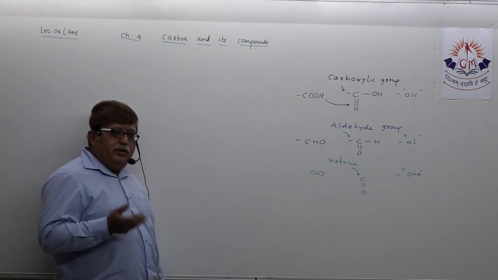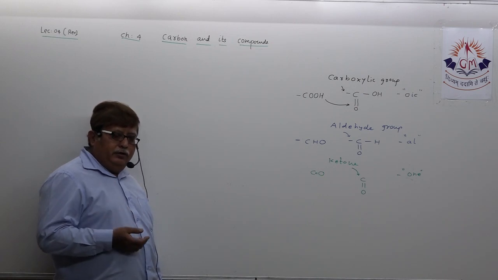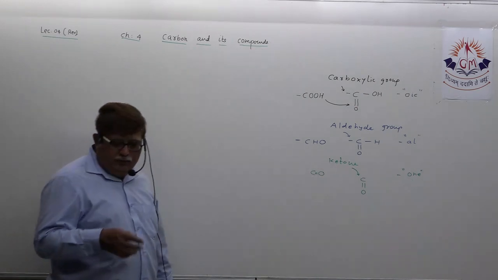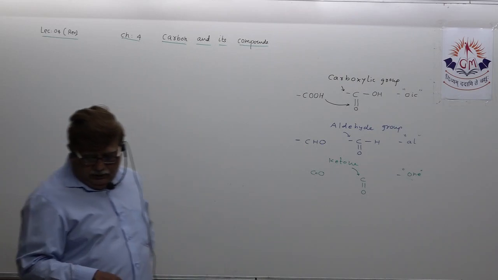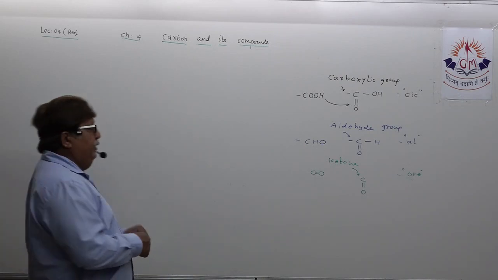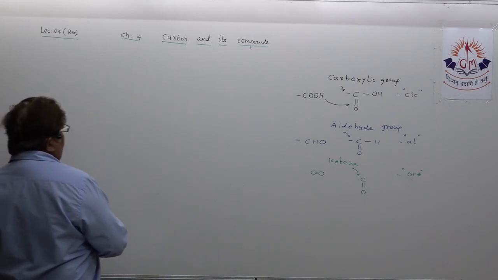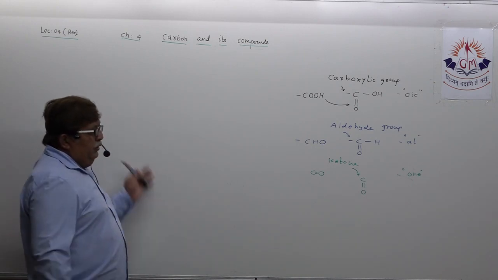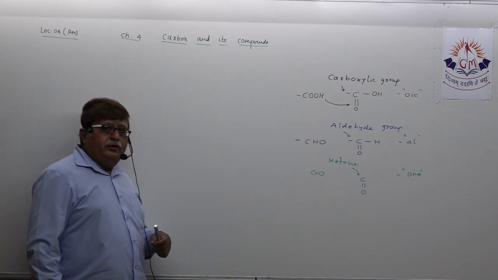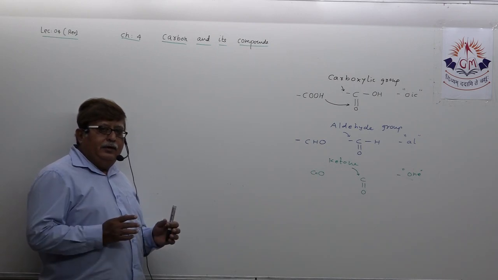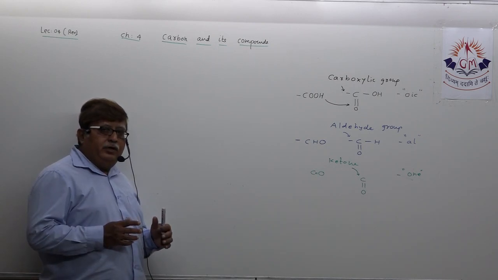Now we are trying to target other groups. So dear student, when we start, I will mention some of the organic structures here, and let us try to name them.